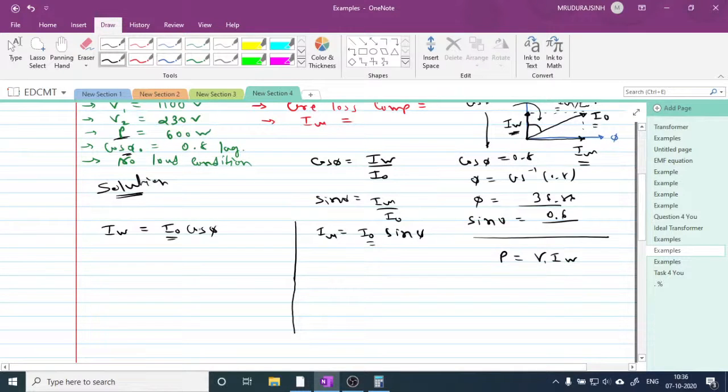IW is I0 into cos phi. So let's replace this: V1 I0 into cos phi. Power is given to us, it's 600 watt. V1 is known to us, it's 1100, and cos phi, the power factor, is 0.8. So from this we can calculate I0.